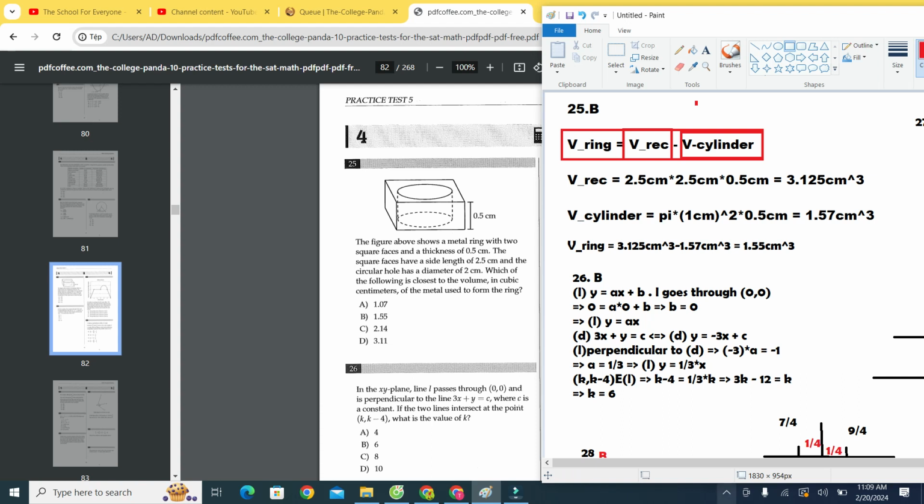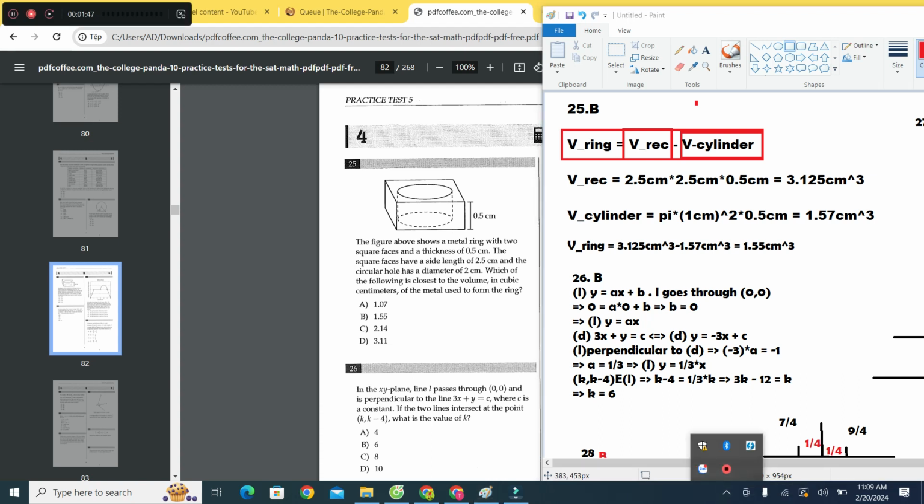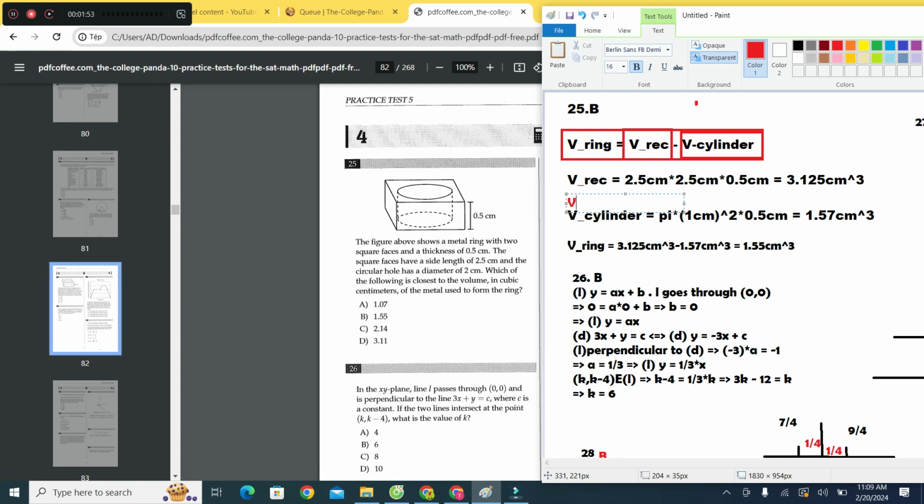The volume of the cylinder is going to be pi times r squared, the radius squared, times the height of the cylinder. So it's pi times r squared times h, right?